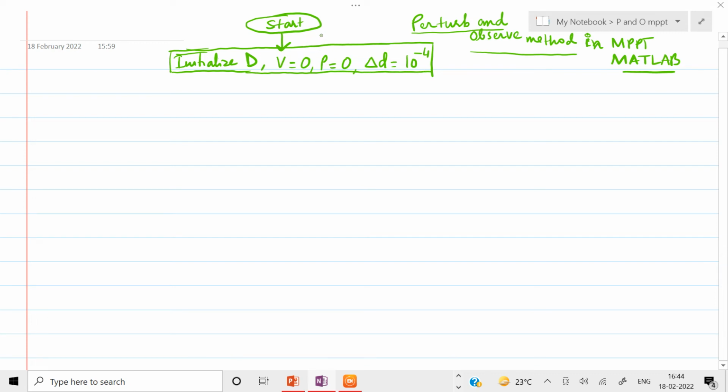Apart from this, normally the minimum value and maximum value of the duty ratio are also selected. As I told you, we try not to go above 0.9. Okay, so we try to keep ourselves within this duty ratio.